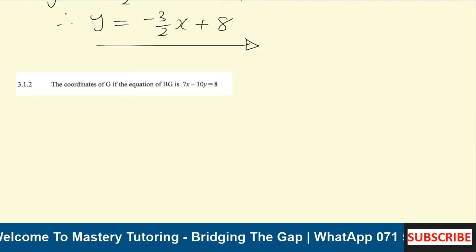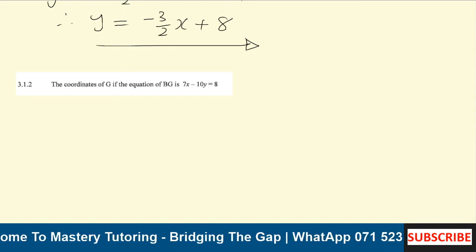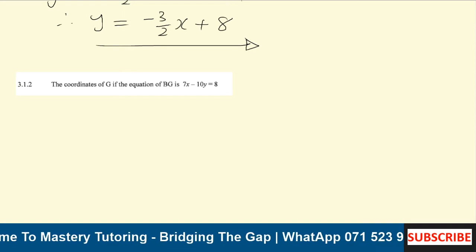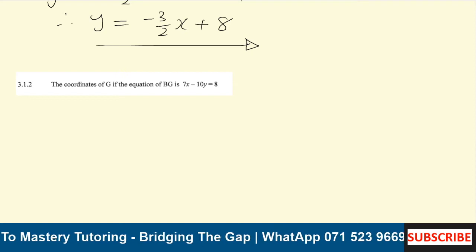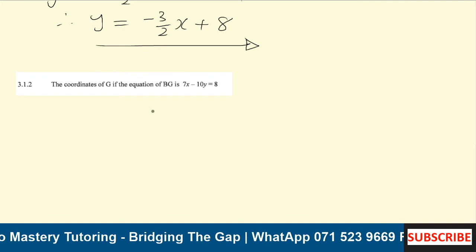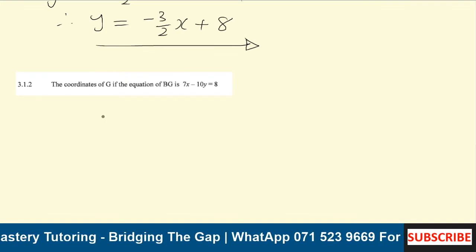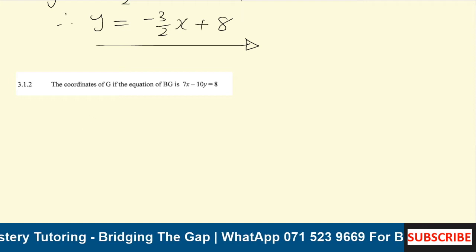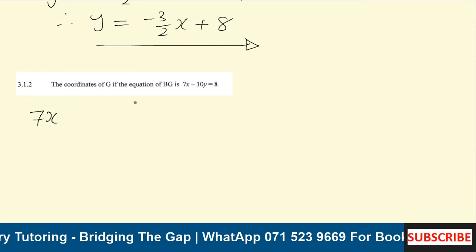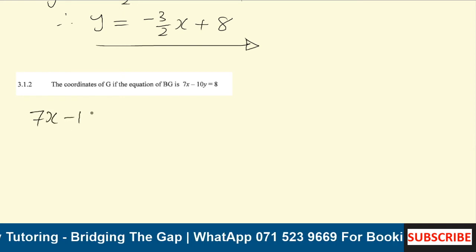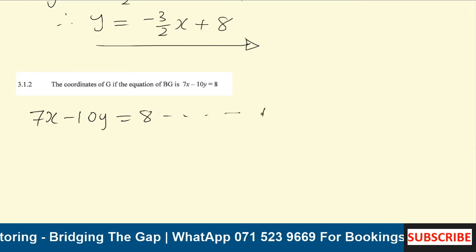On the diagram, we can see that the line AC intersects with line BG. At the point of intersection, we can equate the two equations to find the coordinates of G. We are given that the equation of BG is 7x minus 10y equals 8, and we can name this equation 1.